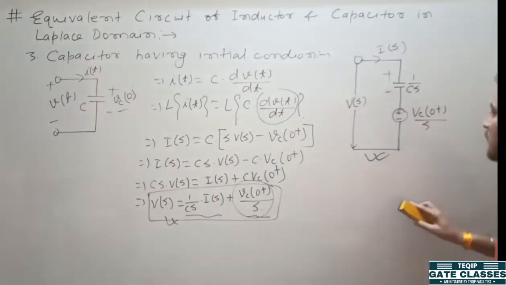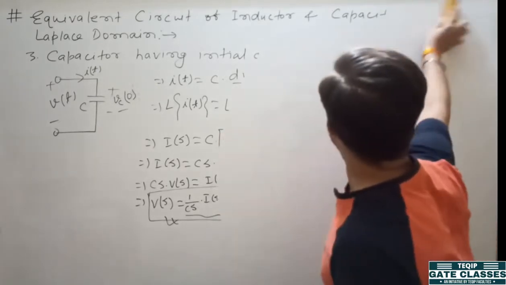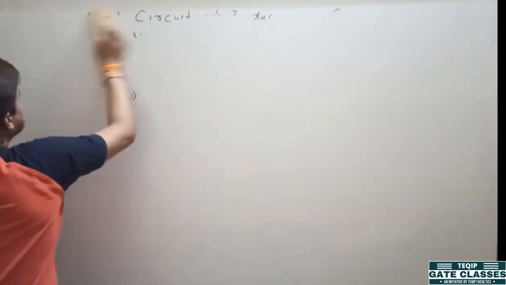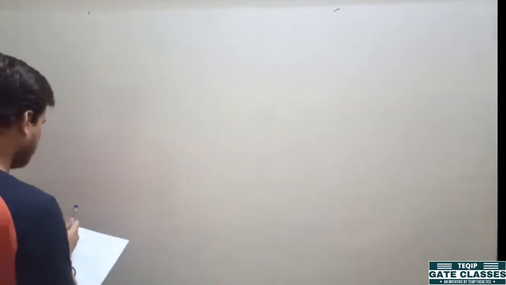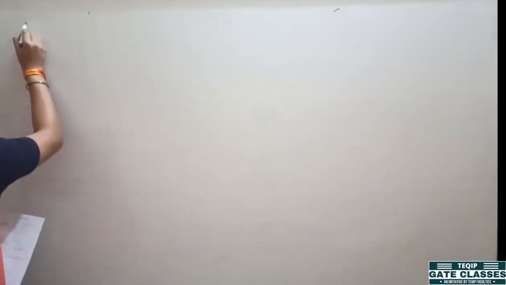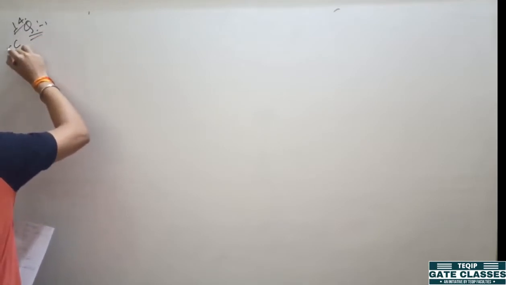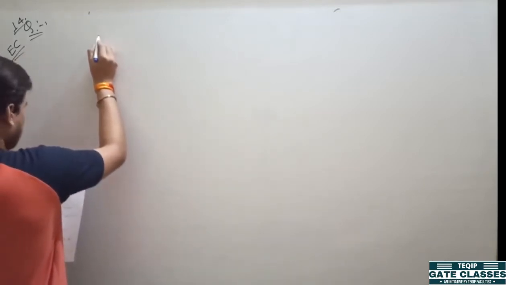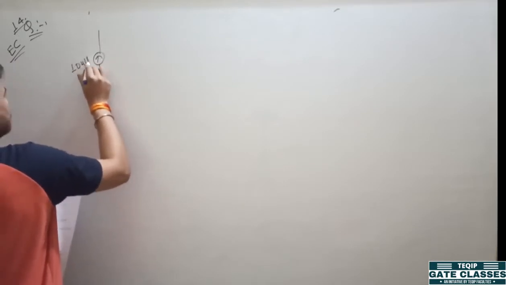Clear? Now let us discuss some more previous year GATE questions asked on the topic electrical transients. So let's start with the first question. The question was asked in GATE 14 Electronics and Communication Engineering. It is given that you have a current source, its value is 10 ut.